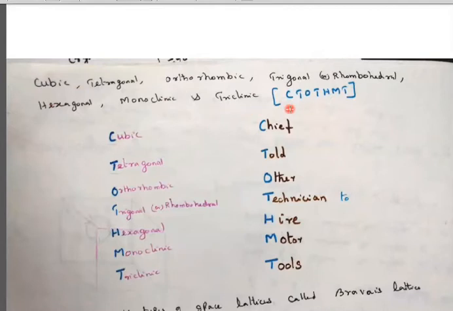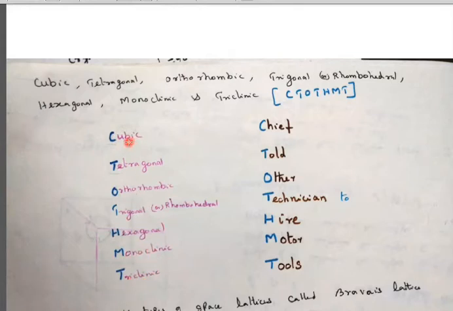In short, we can call it CTOT HMT. You just remember only the alphabets. C for cubic, T for tetragonal, O for orthorhombic, T for trigonal, H for hexagonal, M for monoclinic, T for triclinic.